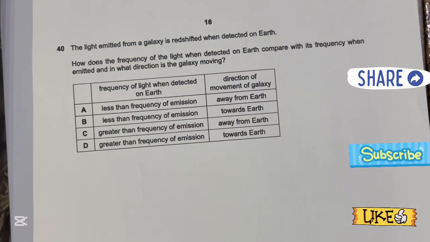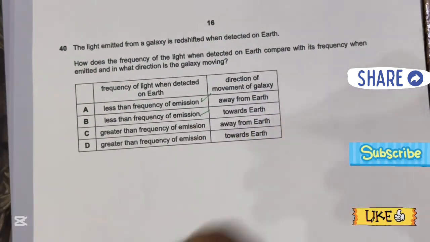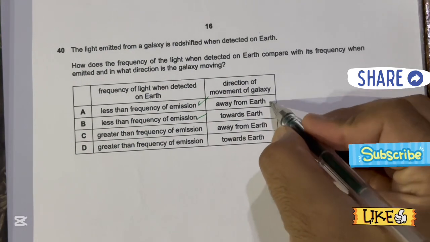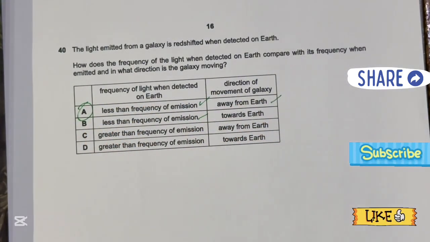We know that when it is redshifted, it is moving away from the source, so its frequency should be less. So option number A is carrying that choice. The direction is away from the earth, and that's why its frequency is low. So option number A is the right choice.